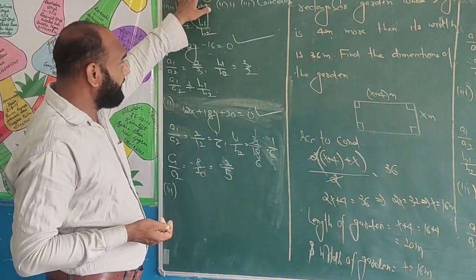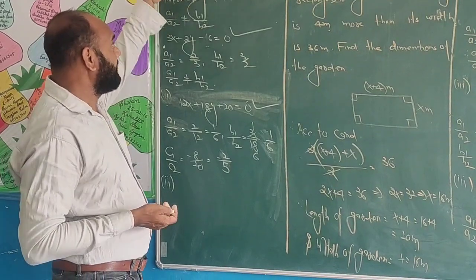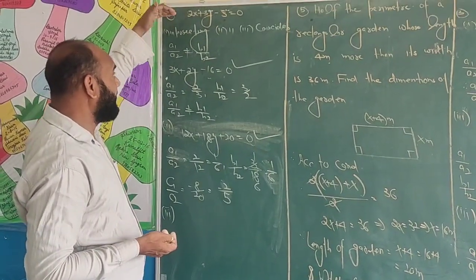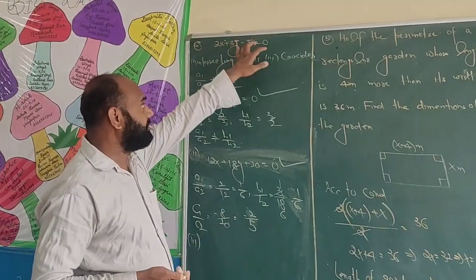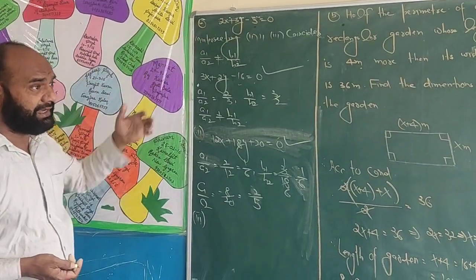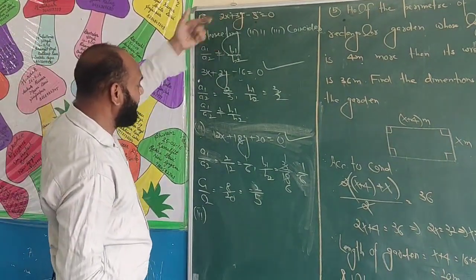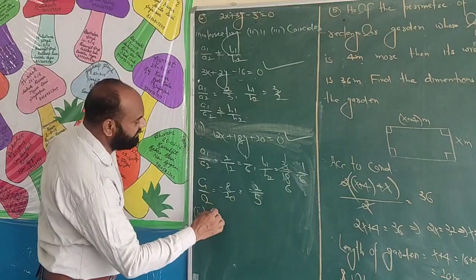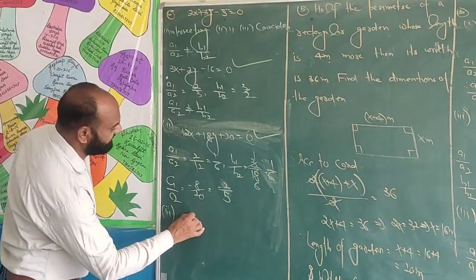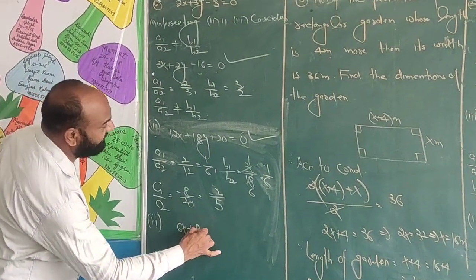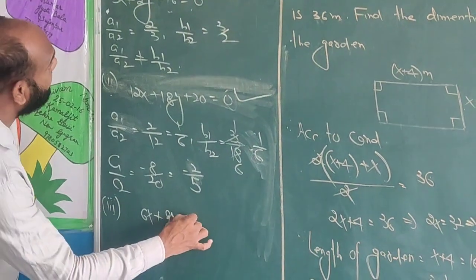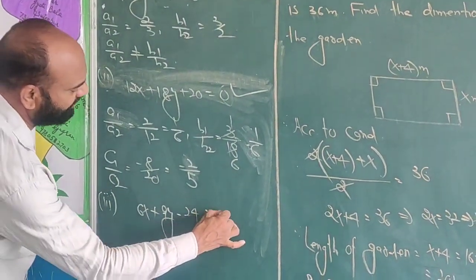So we obtain infinite types of equations by multiplying any number with its whole equation or by dividing any number with its whole equation. So we multiply by 3 simply. We get 6x plus 9y minus 24 equal to 0.